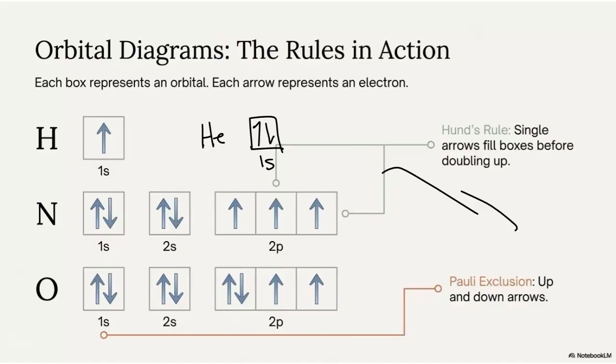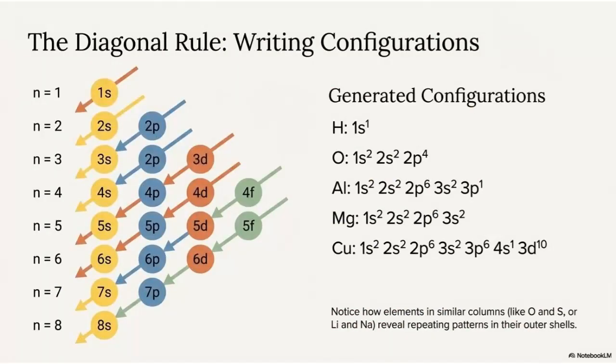Okay, I just gave you the arrangement that we're going to use. So it's saying it's 1s, 2s, then 2p, and so on. But how do we determine the sequence we are going to use? We are going to do that by using this diagram that I have here on the left.